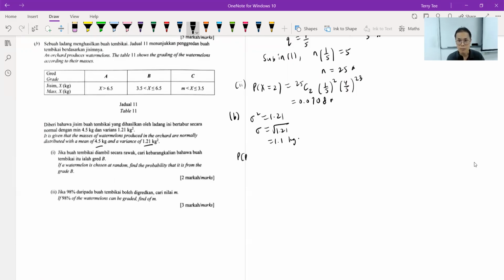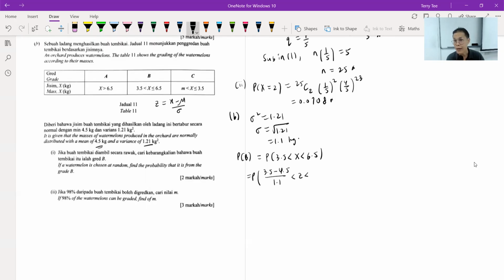They say a watermelon is chosen at random, find the probability it is grade B. So grade B means it must be between 3.5 and 6.5. So we need to standardize this. Remember the formula for standardization is Z equals X minus mu over sigma. My X is 3.5. My mu is already given as 4.5. So 3.5 minus 4.5, divided by standard deviation 1.1.